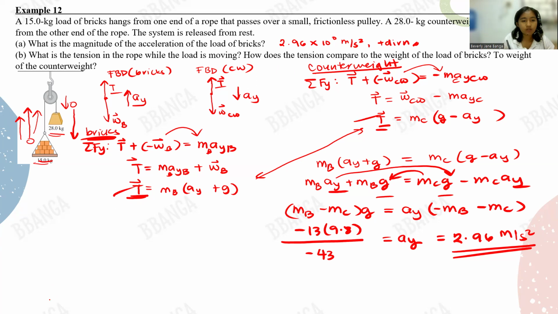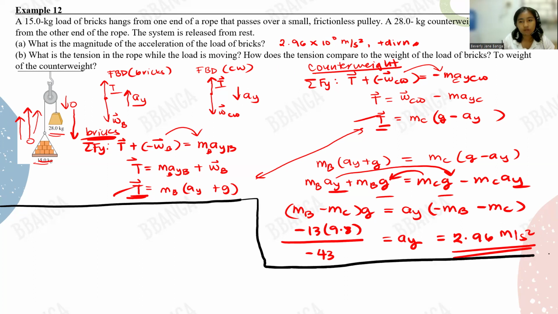So, to solve for the tension, tension is simply MB times AY plus G. So, I have 15 kg times 2.96 plus 9.8.